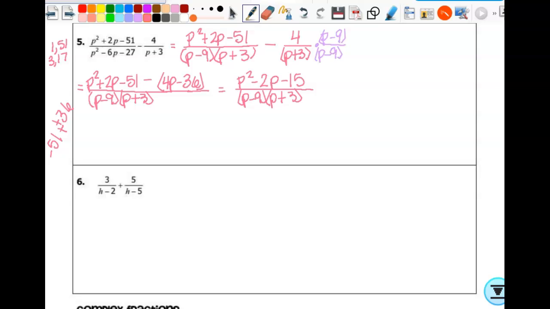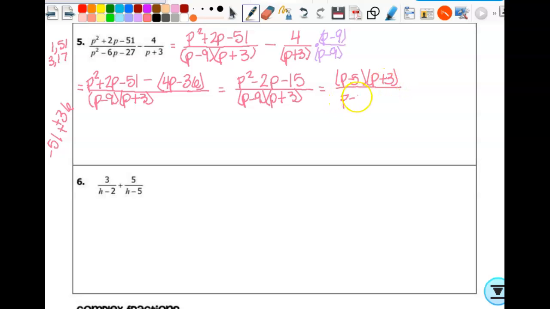All right, so at this step, I can't reduce anything. But maybe now that I've changed my numerator, maybe I can factor it. Can I find two numbers that multiply to give me negative 15 that subtract to give me negative 2? 5 and 3. Okay, so I can say that this is going to be 2 P's in here, and this would be a negative 5 and a positive 3.